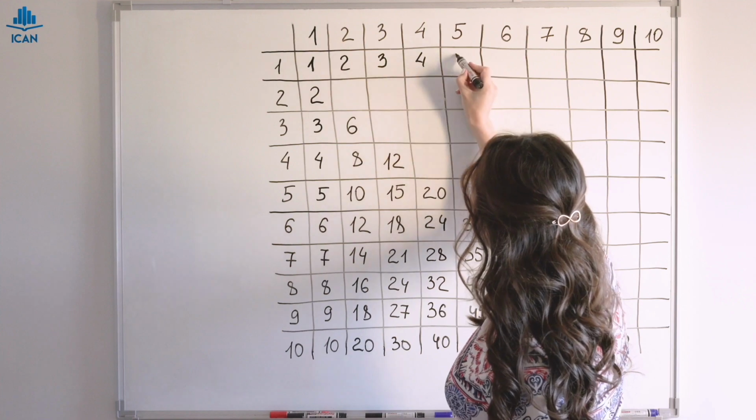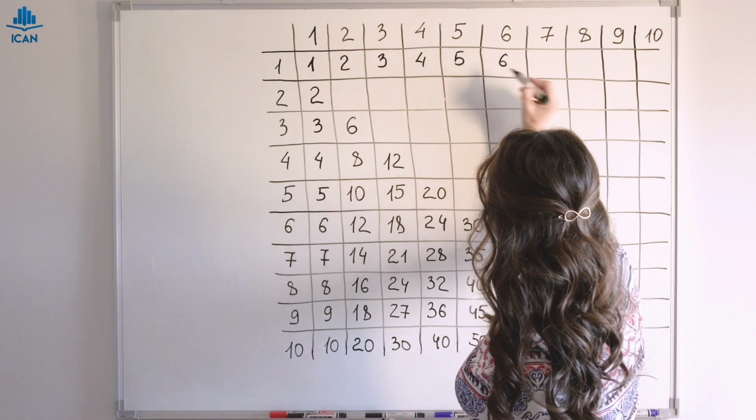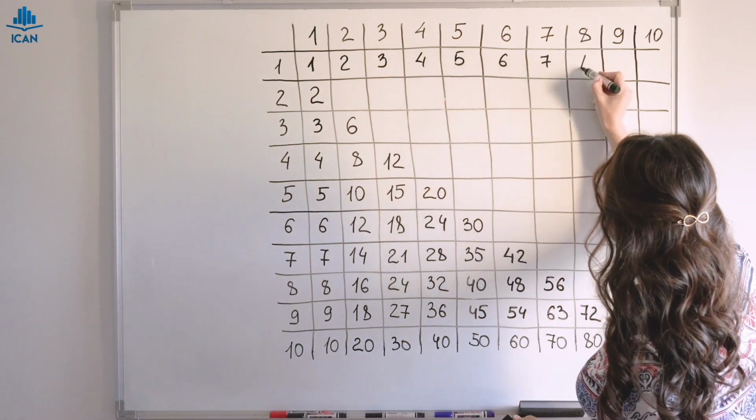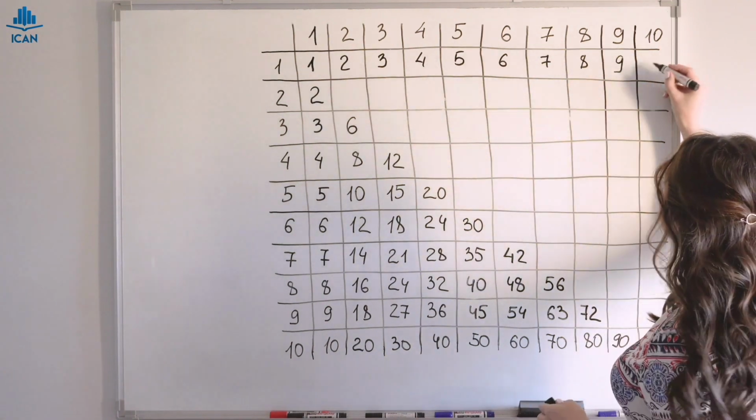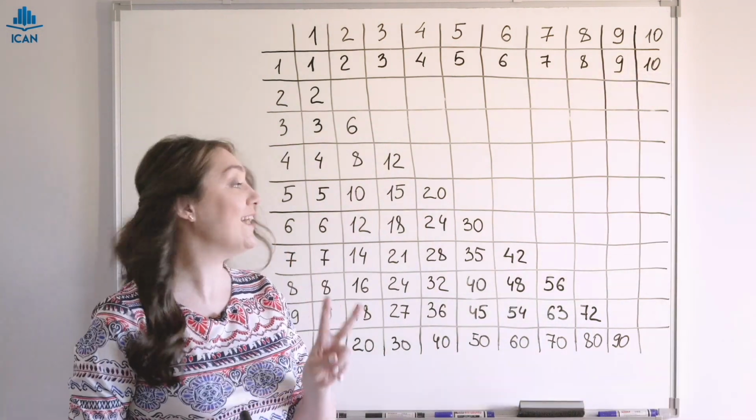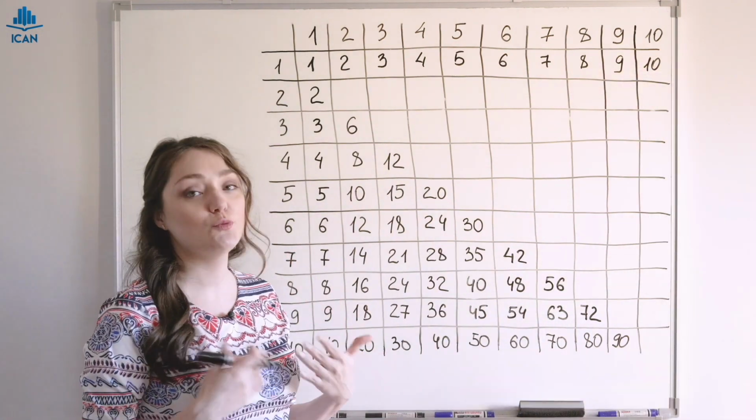Four, 1, 4, and so on. Five, 6, 7, 8, 9 by 1, 9, 10 by 1, 10.